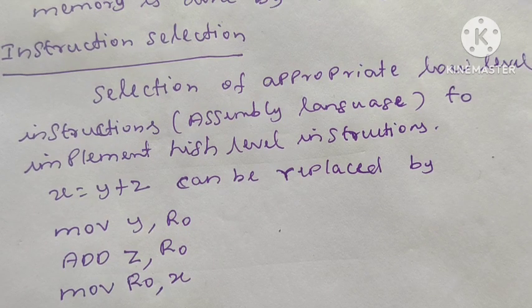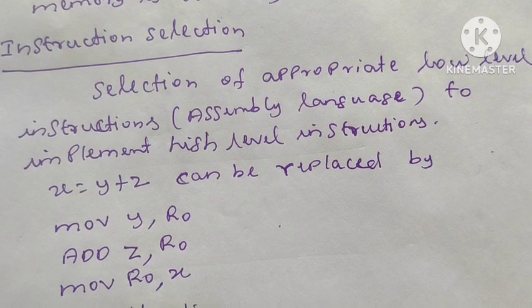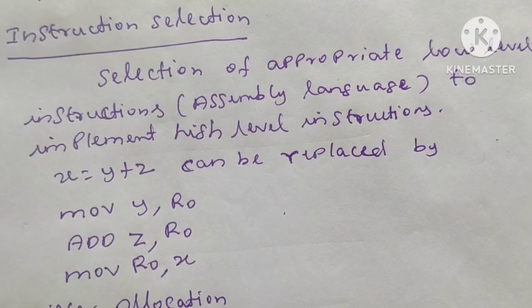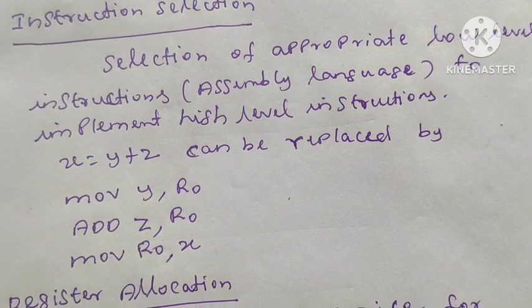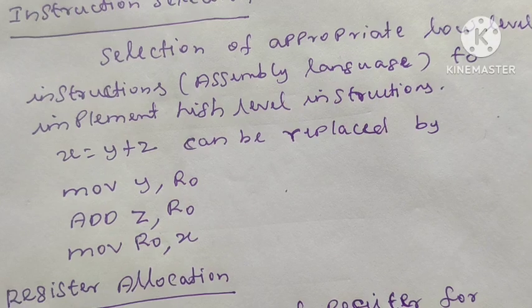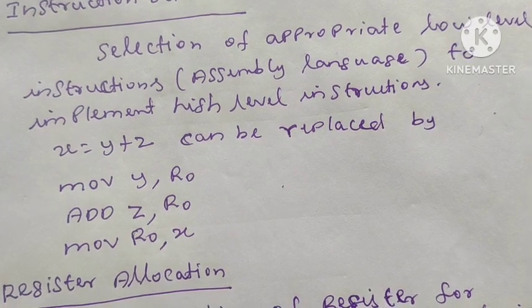For instance, in this case I have a high level statement x is equal to y plus z. This is a high level statement where the result of the summation of y and z is stored in x. But a computer cannot normally understand this instruction, so it has to be replaced by low level instructions. So I write assembly language code.